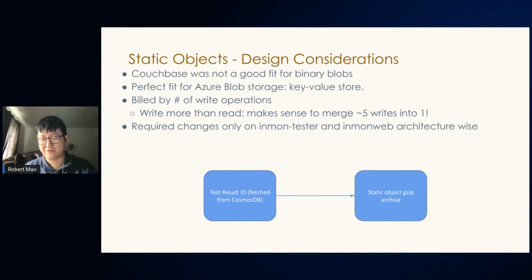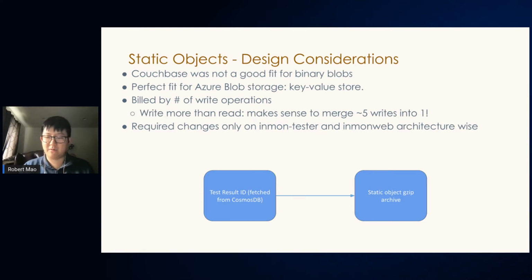Because Blob Storage bills you by the number of individual writes, it made sense to go and, we write way more than we read. What we did was, for our key, we took the test result ID, and for our value, we now stored a gzip archive containing all 5 or so static objects, screenshot, response header, response body, and so forth into one.